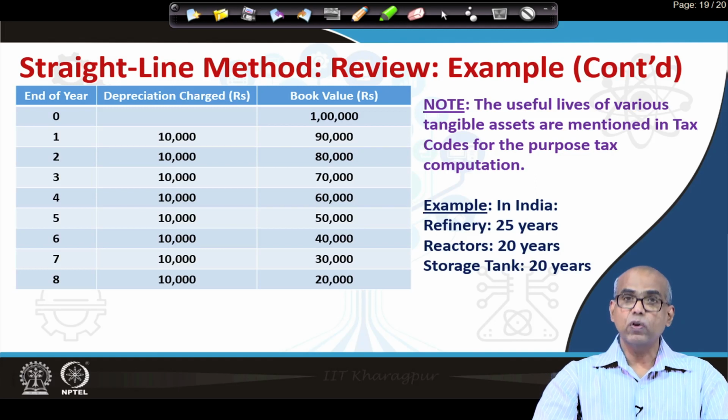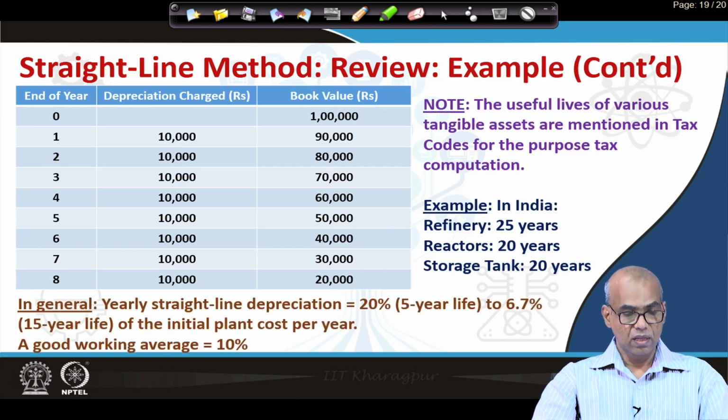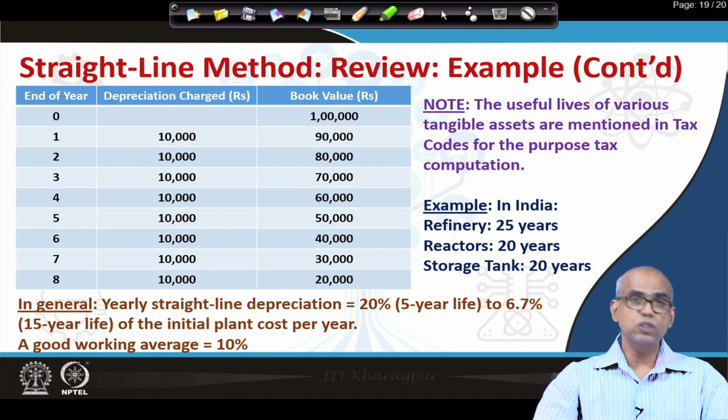Similarly, you can look at the Indian tax codes and you will find the useful lives of various tangible assets listed there. In general, yearly straight line depreciation varies between 20% to 6.7% of the initial planned cost per year, assuming a 5-year life or a 15-year life. A good working average may be 10 years, 10%.